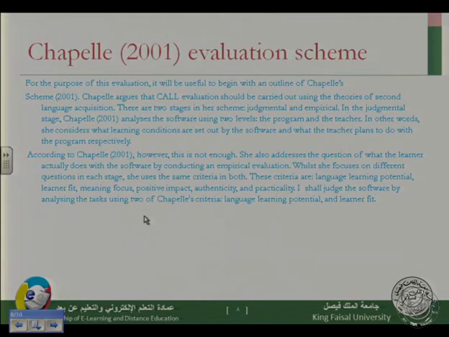Learner fit: does it fit the learner level? Meaning focus: does it focus on meaning, or rather just grammar and structure and sentences, with no meaning involved? Positive impact: is there a positive impact or negative impact on the students?